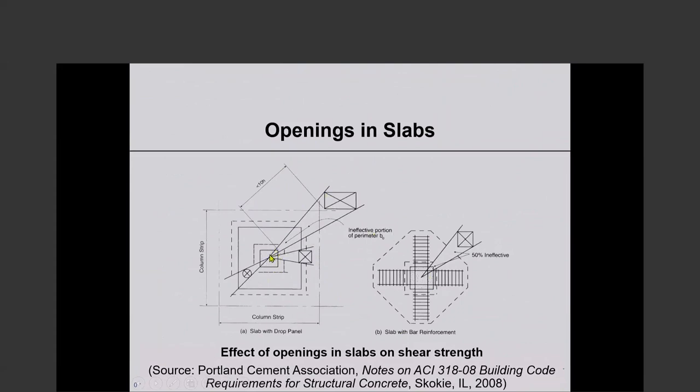then you will draw lines that are tangent to the opening, however they're described in the code. You can read the language. So this is the critical section. This is the critical section. The part of the critical section that is inside those lines, you will ignore in shear computations.